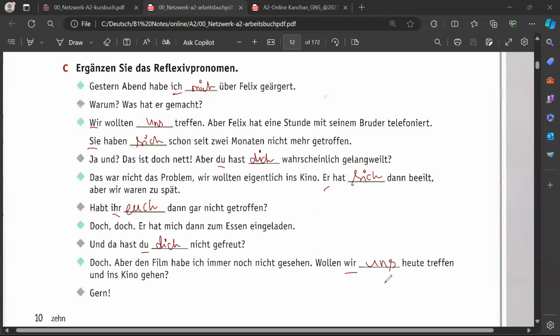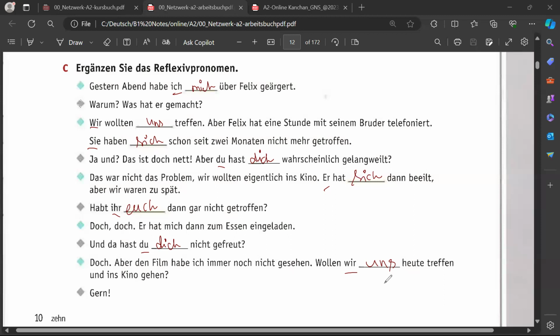We were planning to go to the cinema, and we hurried, but we were late. So you didn't meet? Of course, he invited me for a meal.